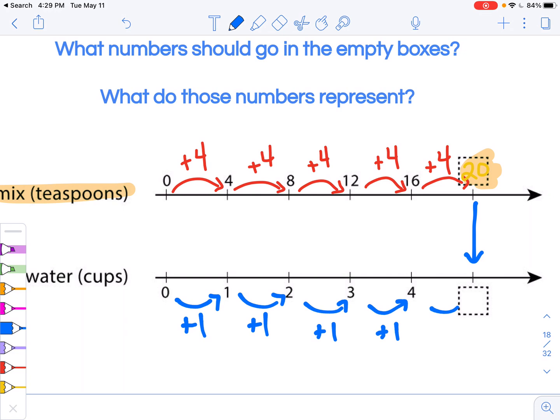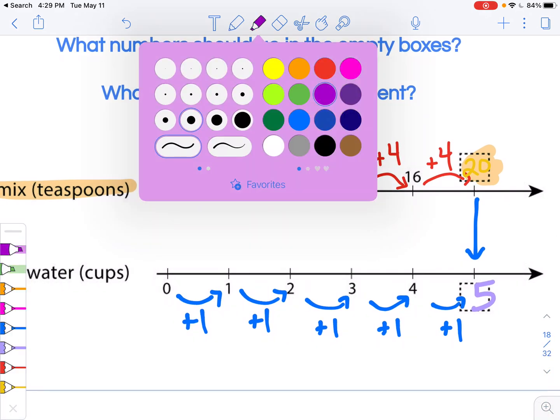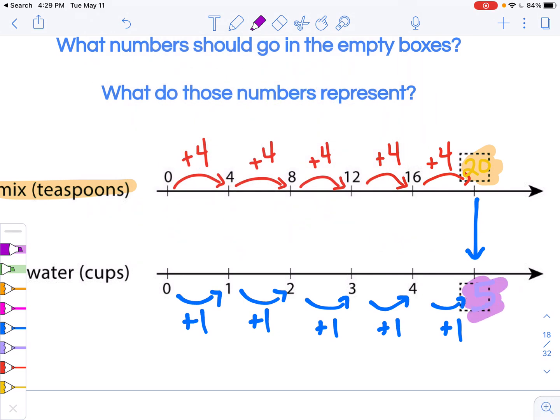So if I keep plussing 1, I should have 5 cups of water. Again, that 5 specifically represents the water cups because it's on the bottom line. 5 cups of water for 20 teaspoons of mix.